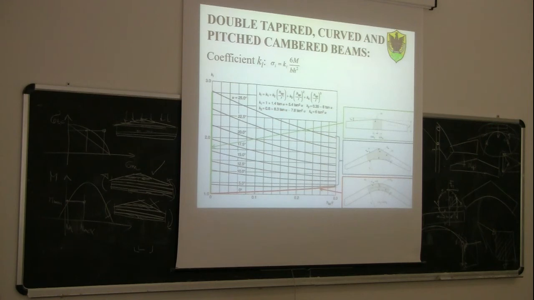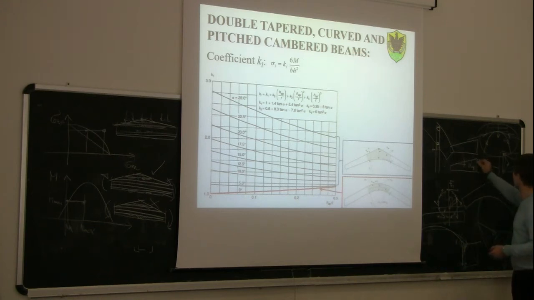So the correction coefficient kl depends on alpha ap, the inclination of this tapering, and also on this ratio between h ap and r. H ap is this. In the case of a pitched cambered beam, h ap will be this value here, and r is the radius of the middle fiber. So r is r in plus 0.5 h ap.